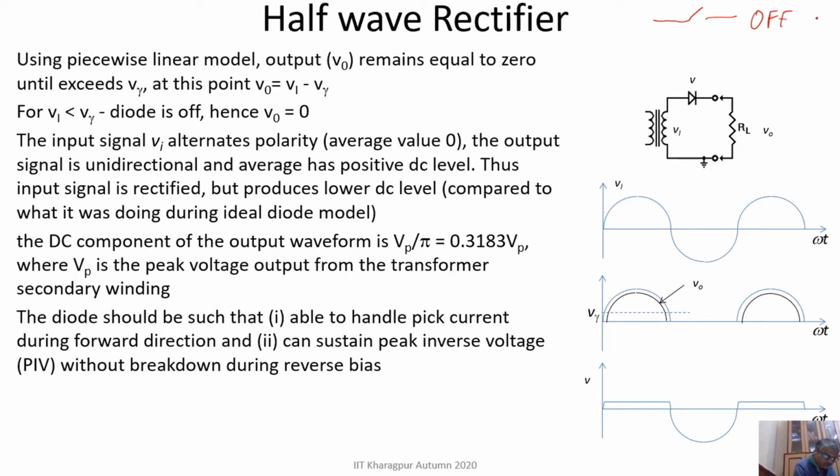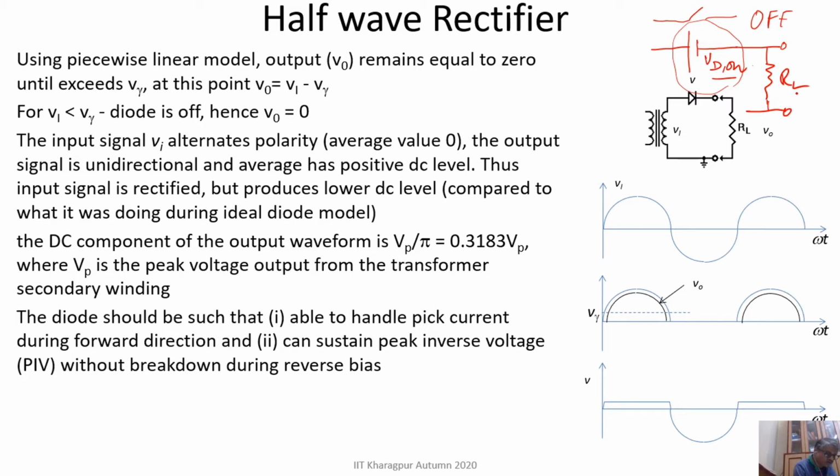In the other case, when the diode is on, there is a voltage drop VD on. So when we measure the voltage across this RL, we will again get the input voltage, but with a voltage drop VD on across the diode.